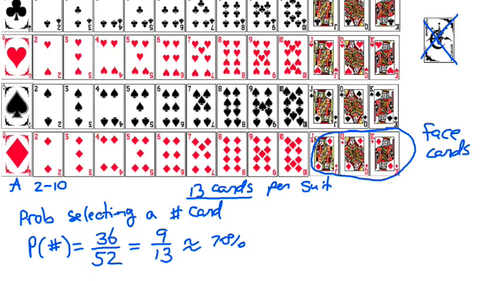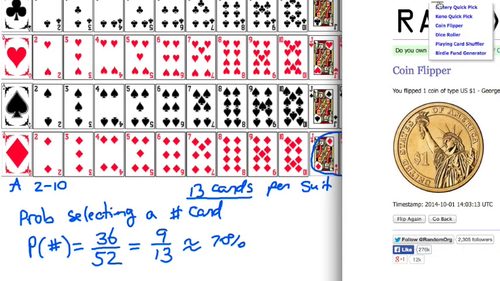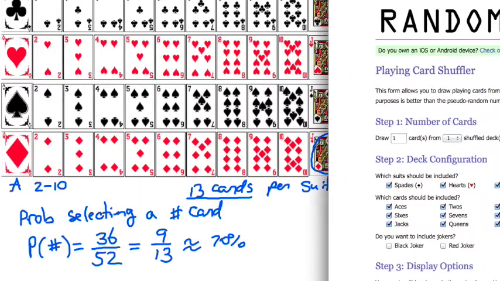All right, so let's go back to my website and just be curious about this. We can change the game from a coin to a card, and we're only going to draw one card from a stacked deck. We're going to include everything except jokers.